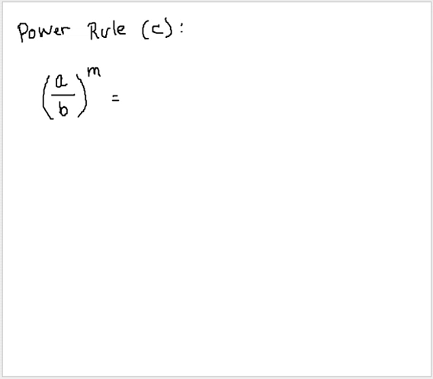Again, this would be very similar if you can imagine the exponents here are 1. Similarly, we would have a to the power of what in this case? 1 times m would be m, and b to the power of m.